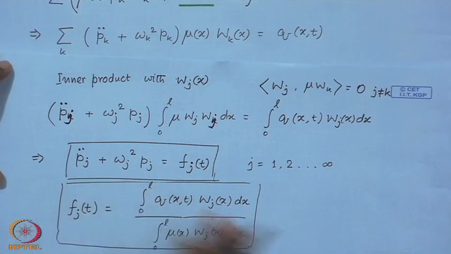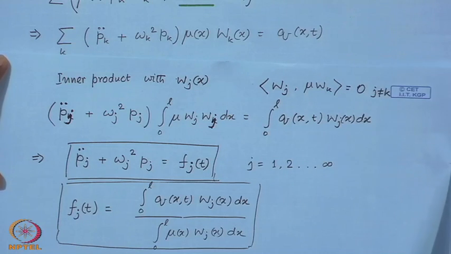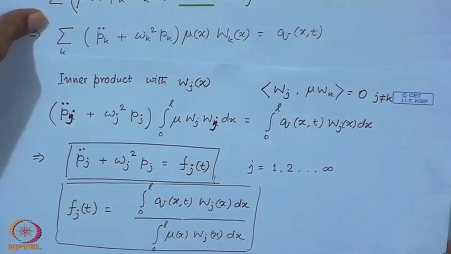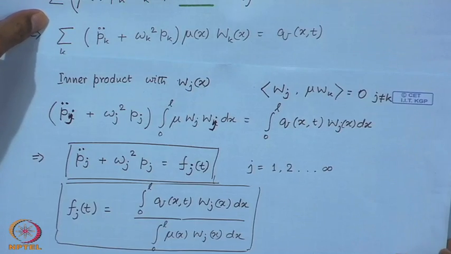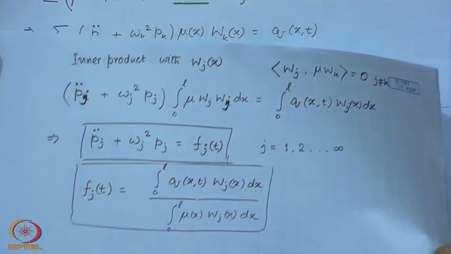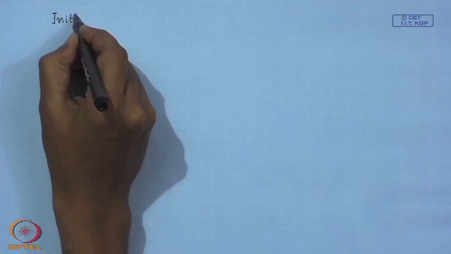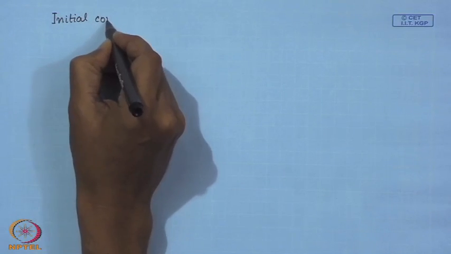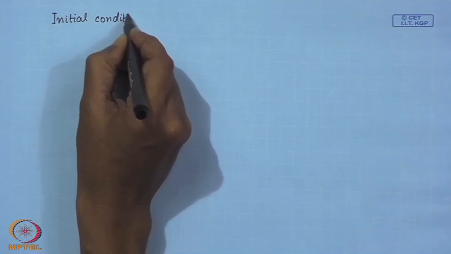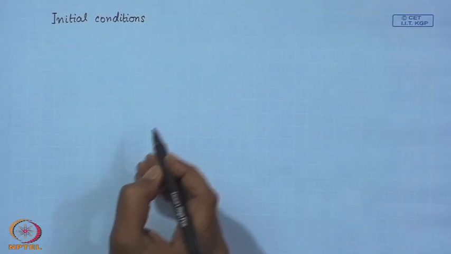Now, this is a second order ordinary differential equation. So, we will need two initial conditions for this problem to solve the problem completely. So, what we need are the initial conditions.